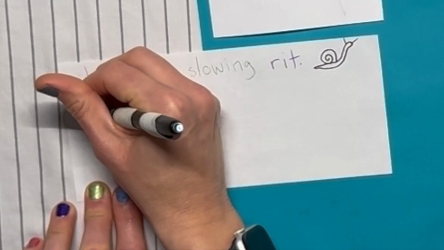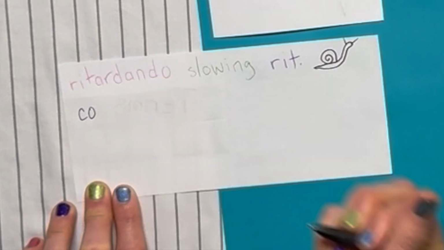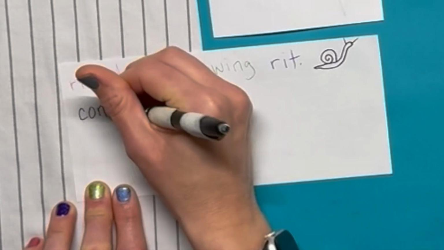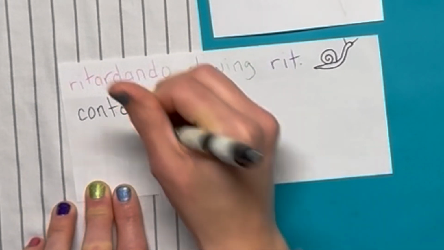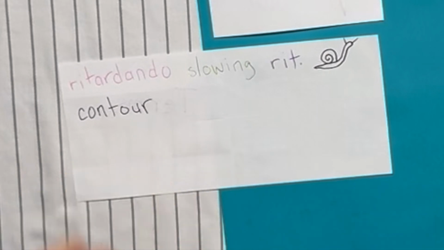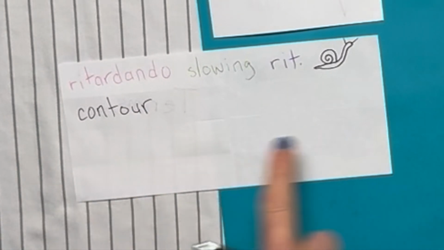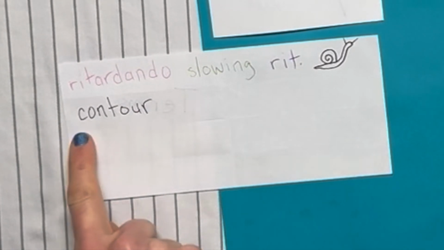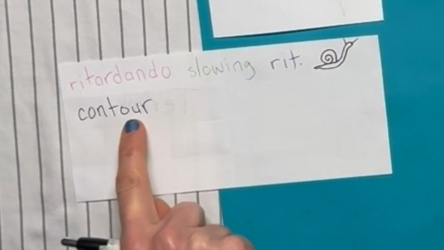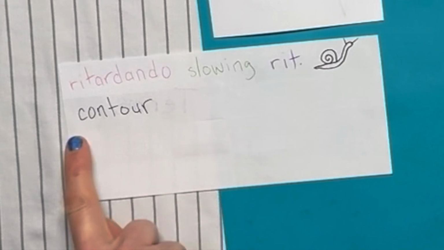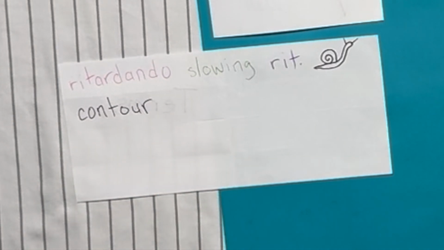It's spelled C-O-N-T-O-U-R, contour. Take a moment and write that in the second row of your terms. And you can always pause the video if you need more time.